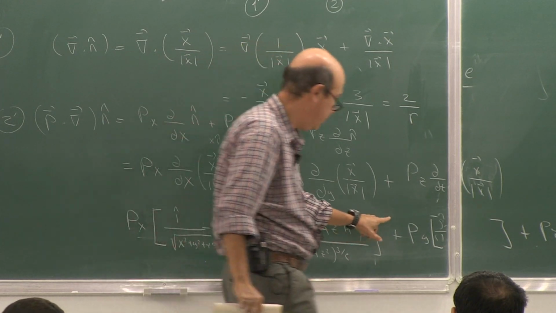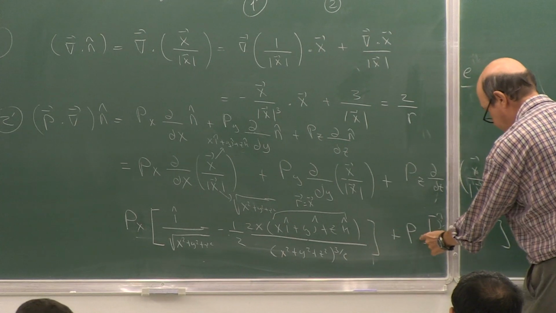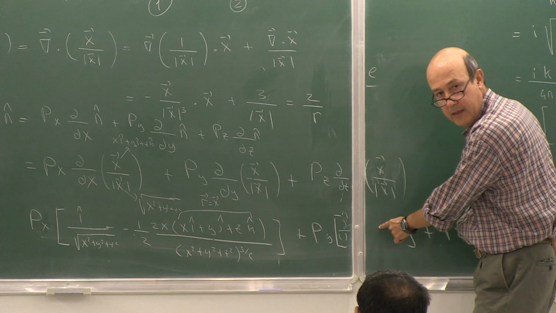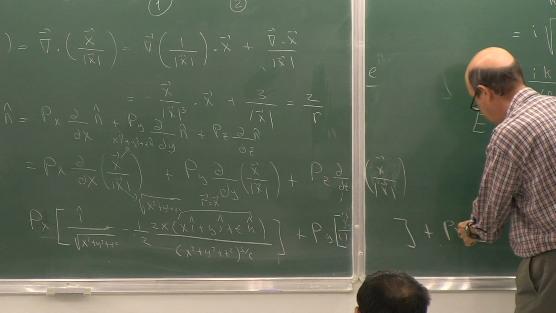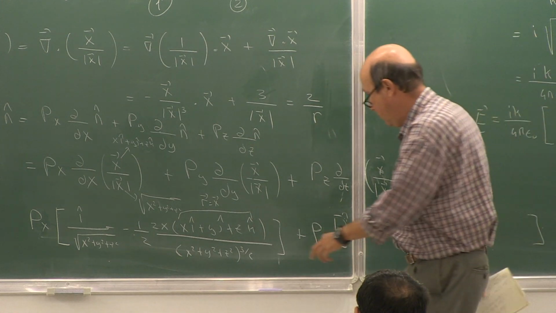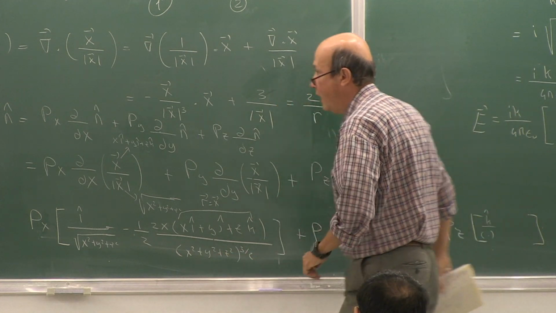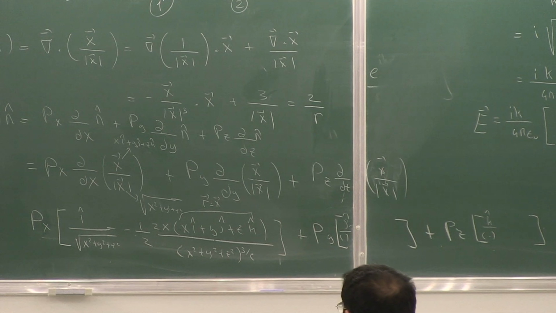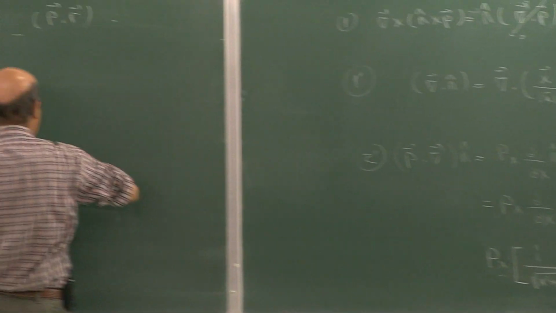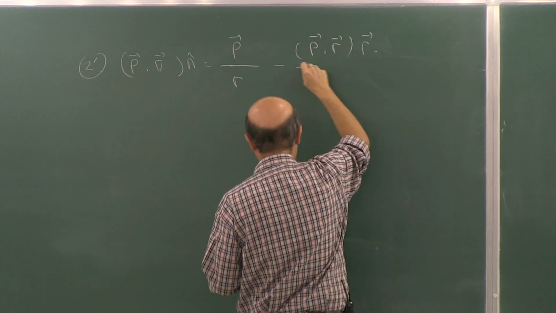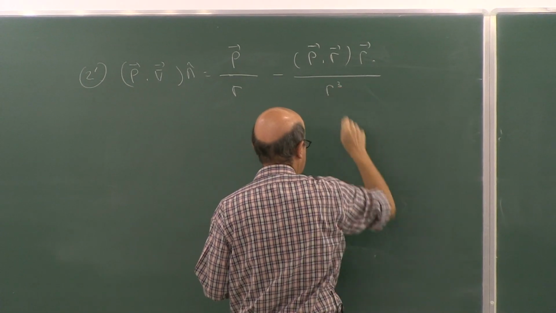If you do the same thing here, what are you going to obtain? Py times y along r. That will be pz times z along r. So all of them divided by r cubed. So the second term will give you p dot r, or p dot x in 3 dimensions, along r over r cubed.